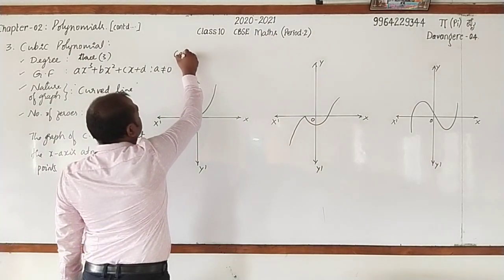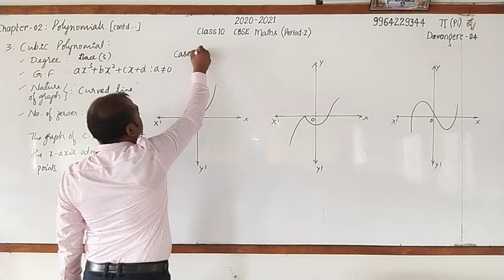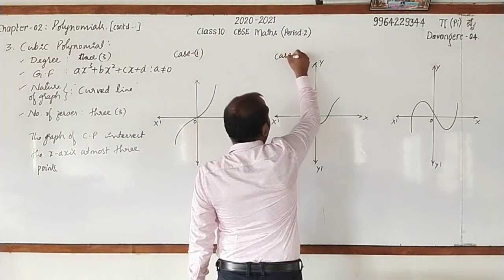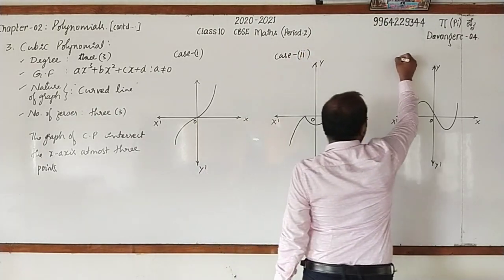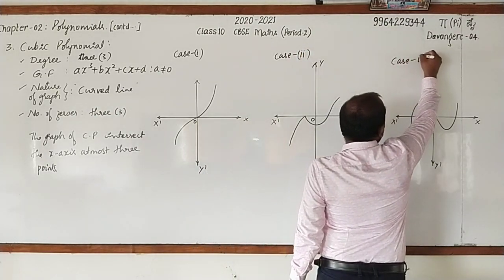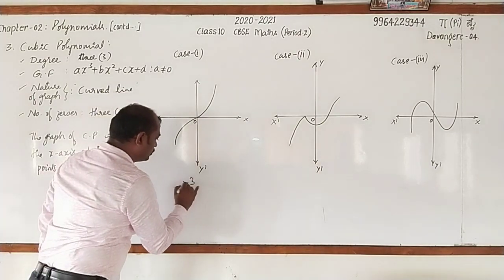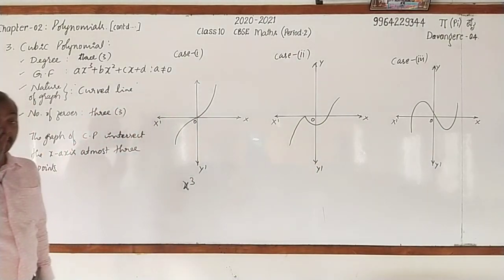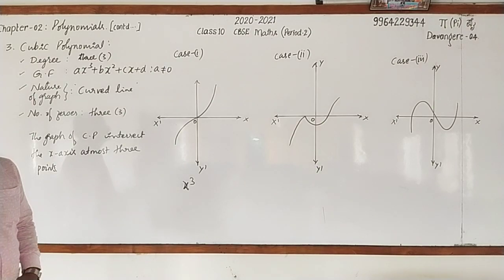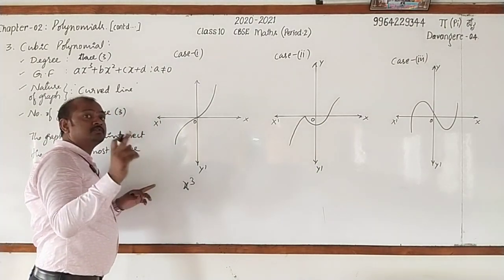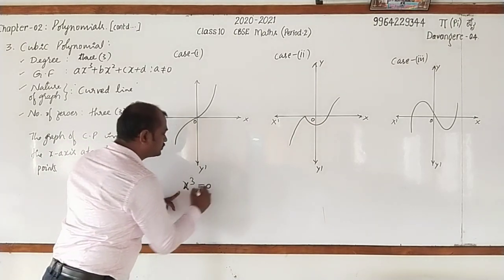Let's go for taking these conditions. Case 1, case 2, and case 3. I'll take a simple example. Suppose x cube is there. Could you tell how many zeros it has? To find out the zeros of x cube, you will equate this to 0.